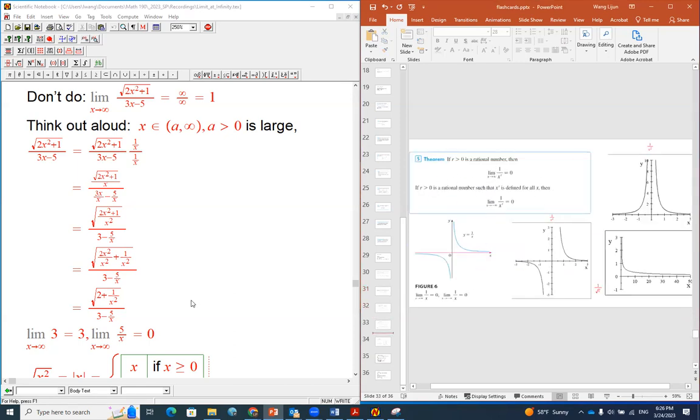We're using this theorem here. And 1 over x squared, that limit is also 0.